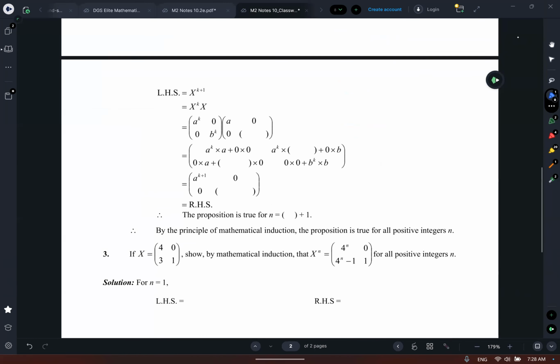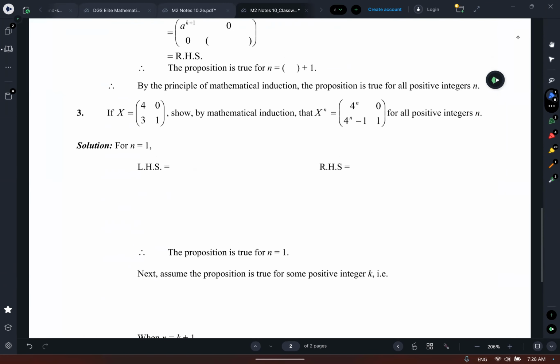The last one. Now the last one is similar. You see this is also a triangular matrix. The outcome is a triangular matrix. So for matrices, the easiest multiplication you can get is from a diagonal matrix.